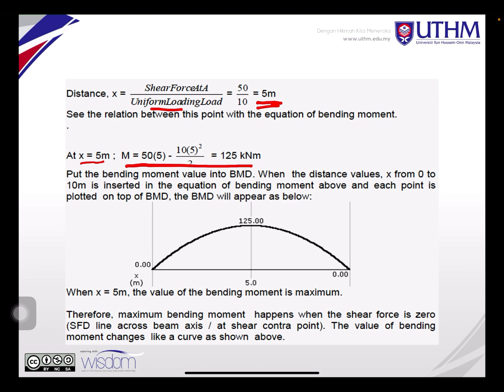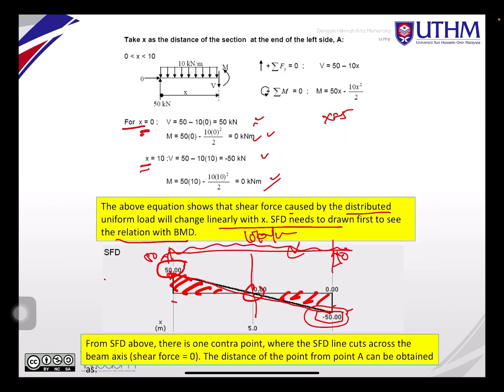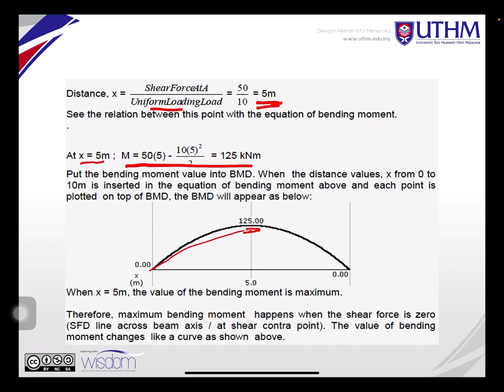When you put in x equal to 5 meter, M equals 125 kilonewton meter. By logic you also know it happens at the 5 meter, because when you plot this it is 0, so normally we take this point to calculate the moment, because it changes. This is caused by the positive shear force, and then this one, when you calculate the area, goes from negative to 0. Later when you learn the area method, you will be clearer about this diagram.